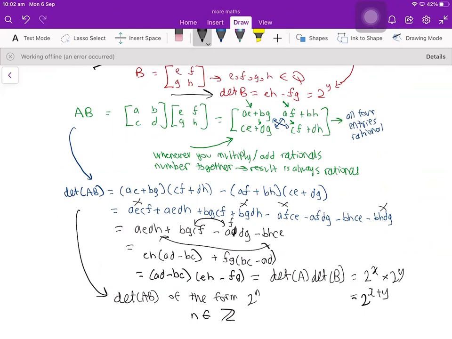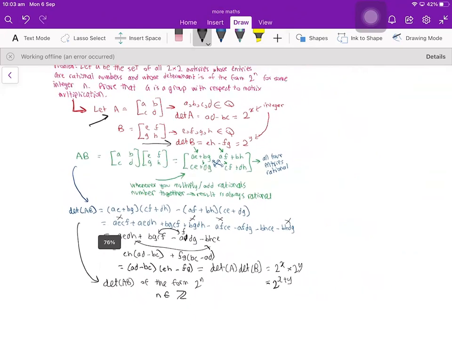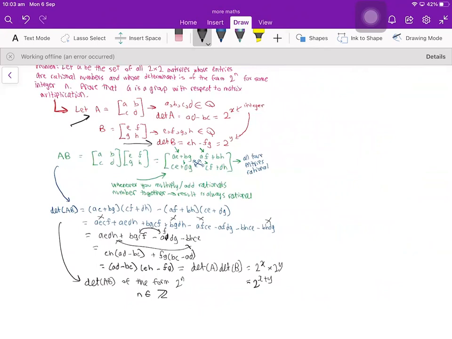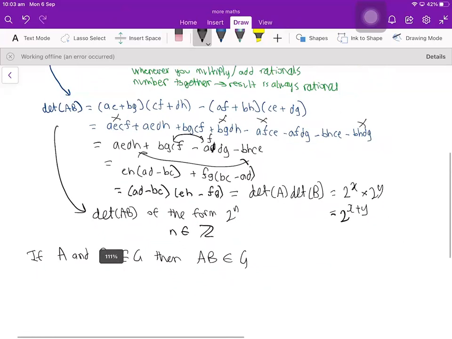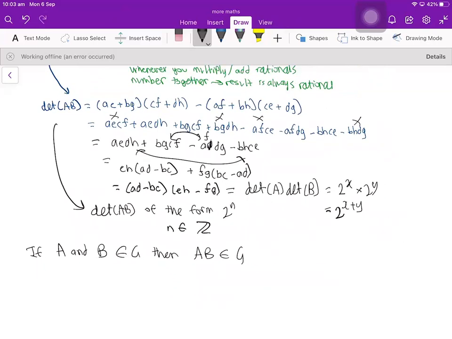So you've successfully proven that if A and B are in the set G, then in AB all entries are rational and the determinant is of the form 2 to the power of n, which means the product of A and B is in G. So you can say G is closed under the operation, matrix multiplication.